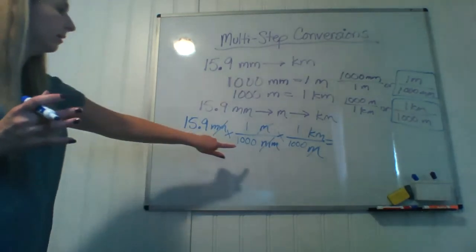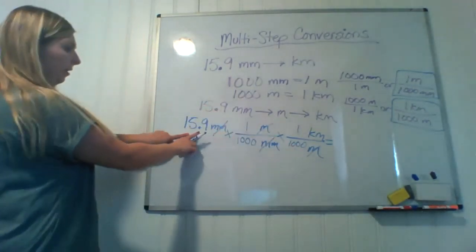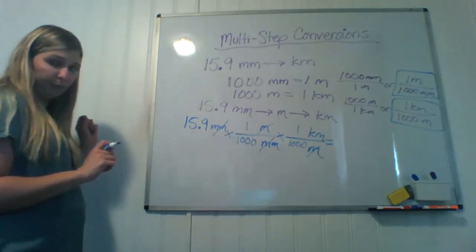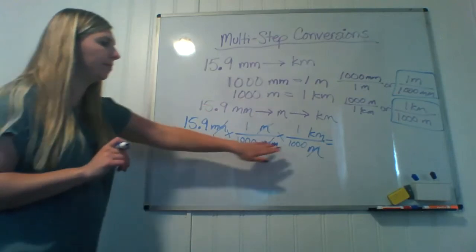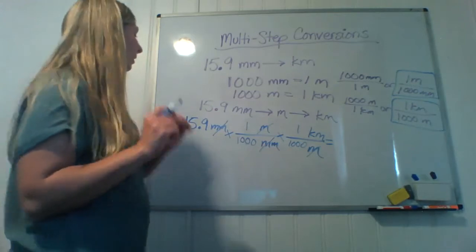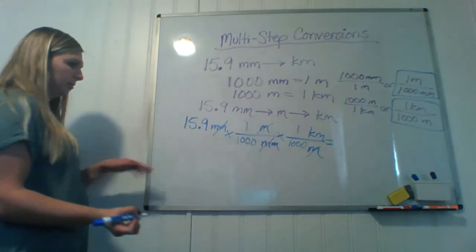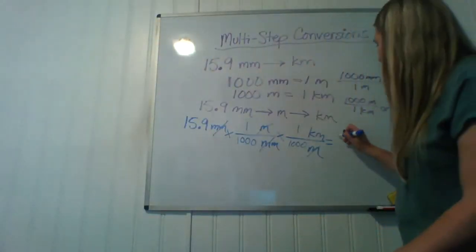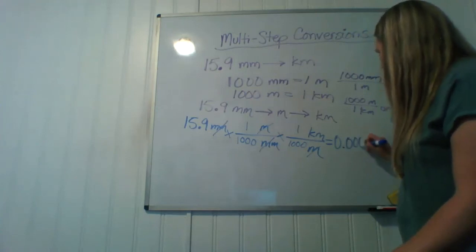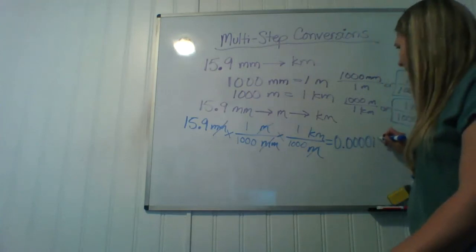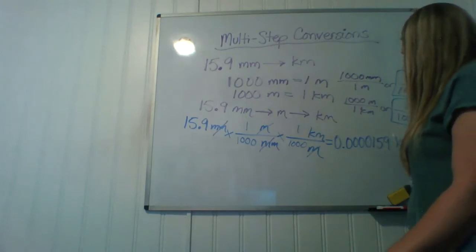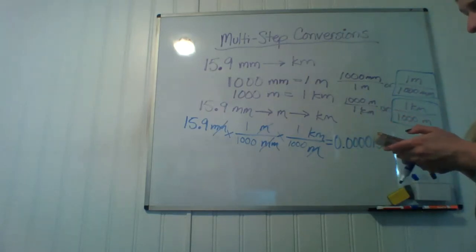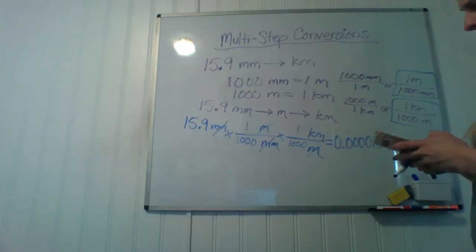But when we divide by 1,000 twice, that's basically going to be moving the decimal place over 6 places to the left, because each time we divide by 1,000, we're moving the decimal 3 places to the left. So that's going to give us 0.0000159 kilometers. Let's just double check, because I don't want to be moving ahead with a wrong number.